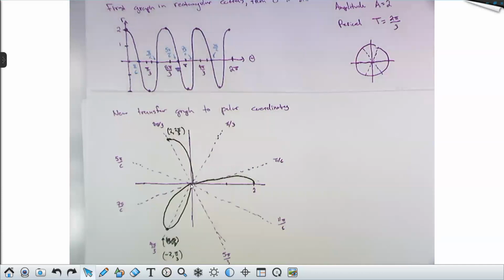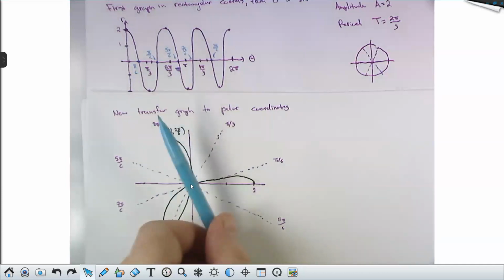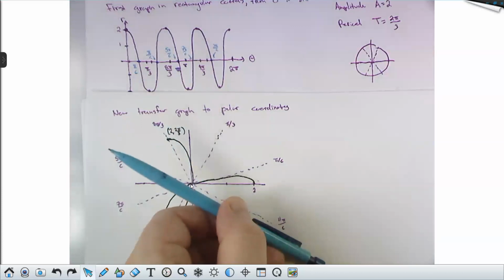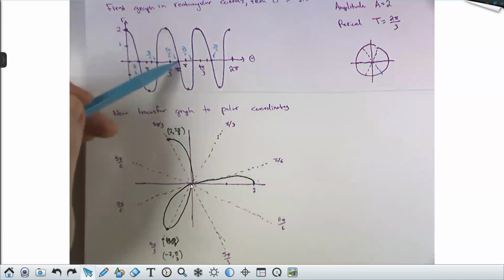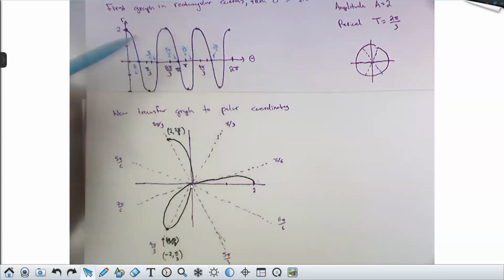So we are now here. As I rotate past 2 pi over 3 towards 5 pi over 6, we're now talking about this part of the graph. My radius was at a max of 2 here, and as we rotate past 2 pi over 3 towards 5 pi over 6, my radius is coming back in.